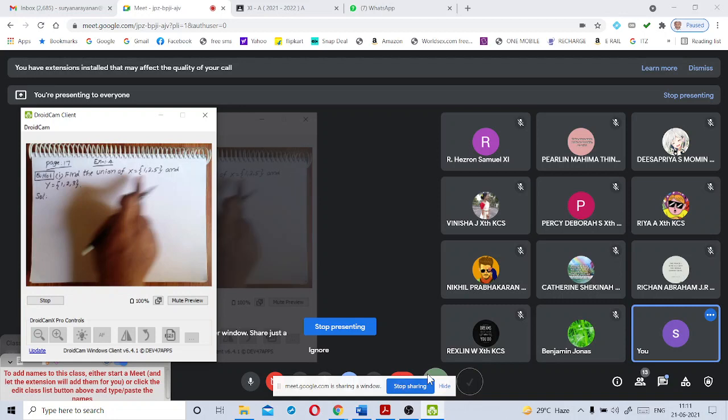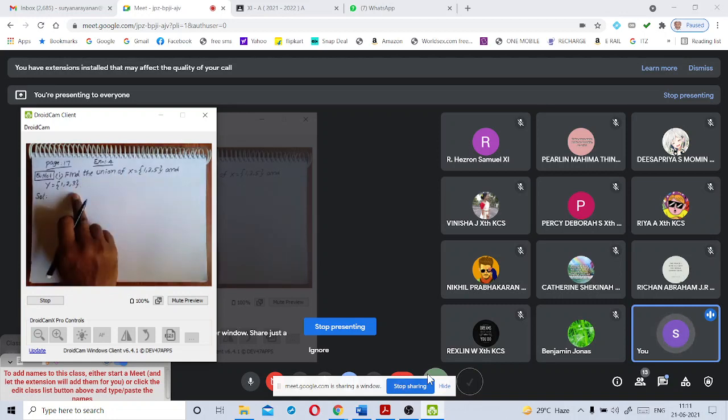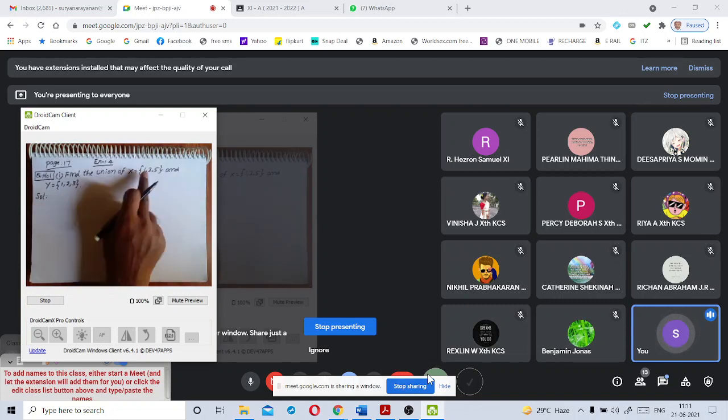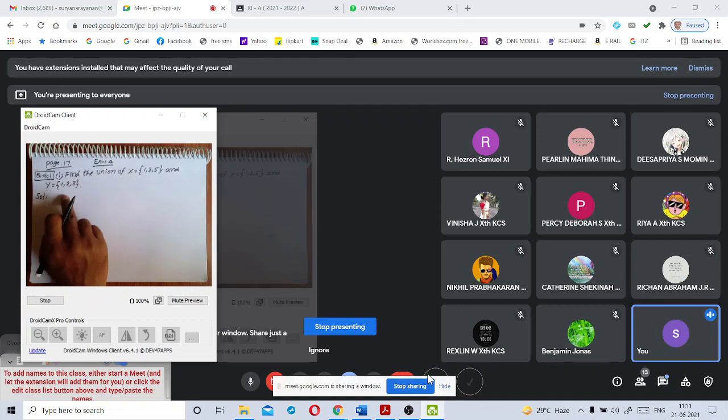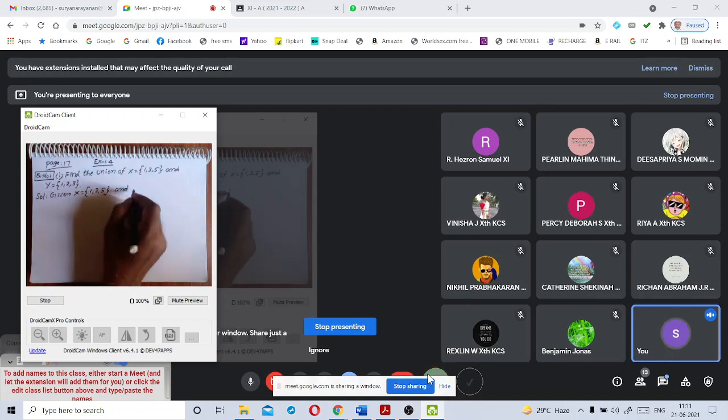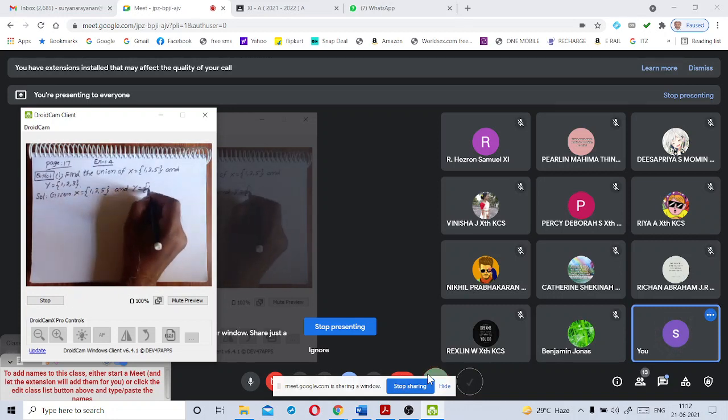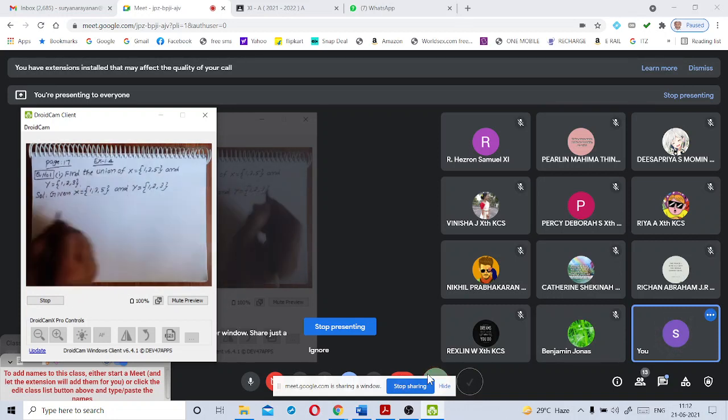Here two sets, namely X and Y, are given. We have to find the union of these two sets. Previously we discussed the union of two sets. How do you represent it? We use this notation.